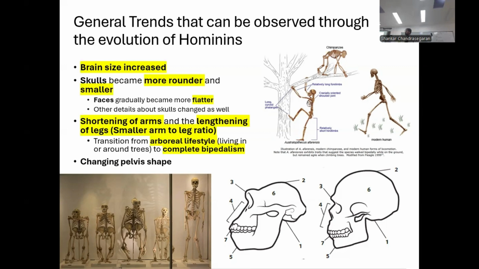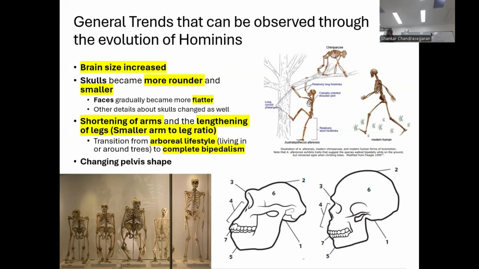Meaning that they could walk around on two legs, but they also still lived in or around trees. Whereas the genus Homo became more and more lean towards complete bipedalism, where they were basically always walking around on their two legs and also no longer living around or in trees.